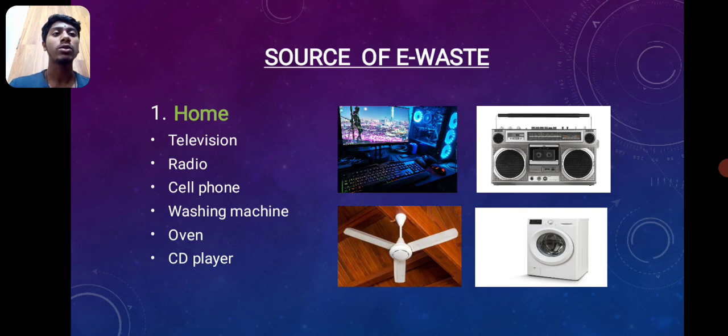Let us see what are the sources of e-waste. For example, in the home, we are using many electronic devices, for example, televisions, radios, cell phones, washing machines, and CD players.